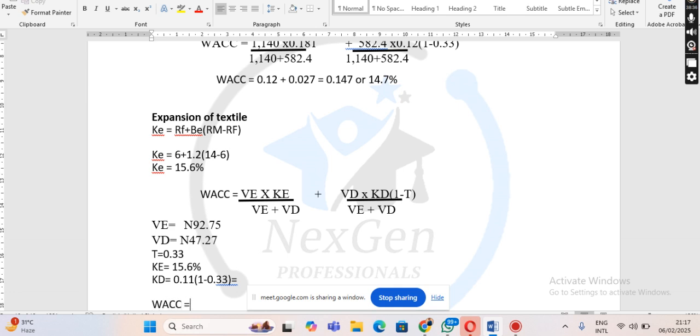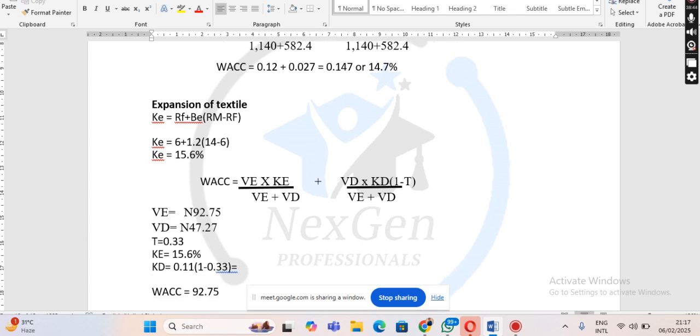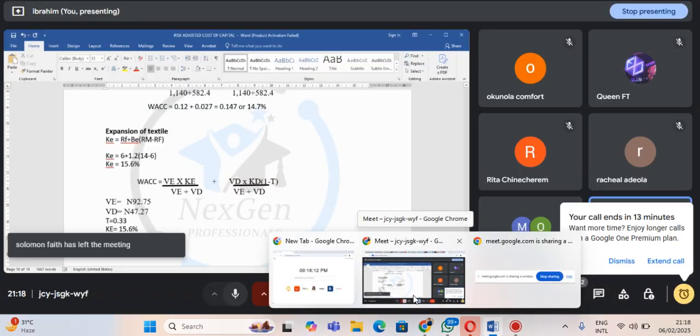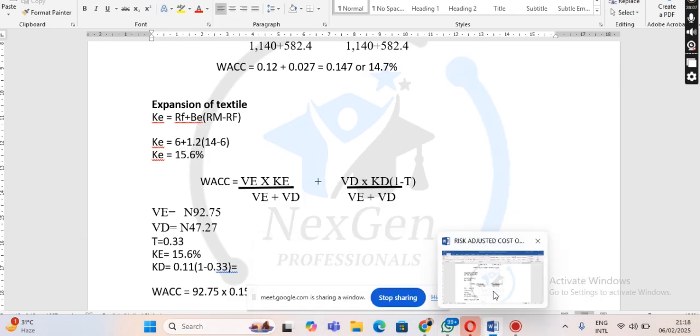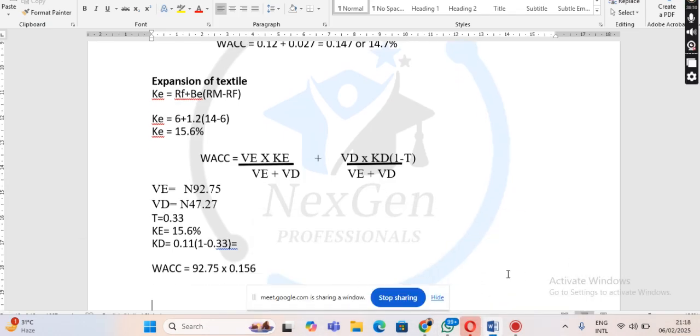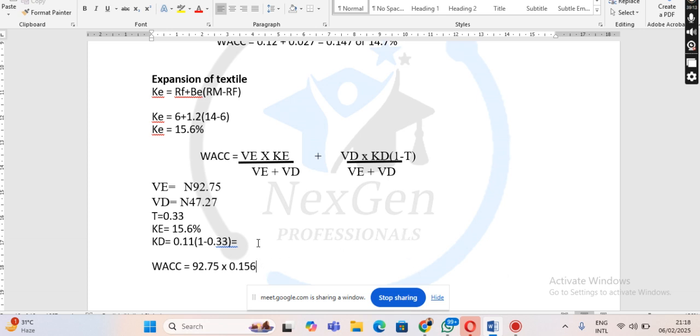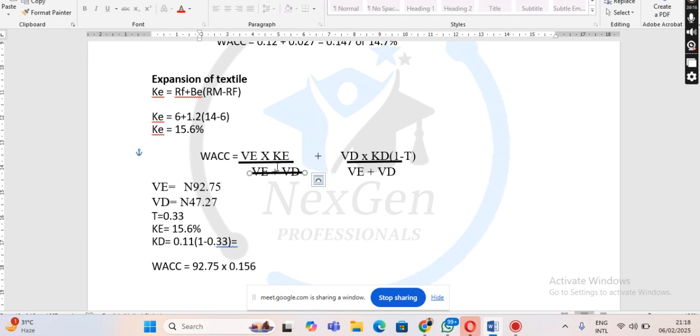I expect you to calculate the WACC. What do you have? The value of equity is 92.75. Class, this is 18 marks, right? Times the cost of equity, 15.6 divided by 100, that is 0.156, right? So quickly, divide it.